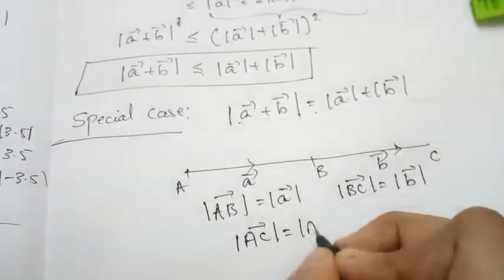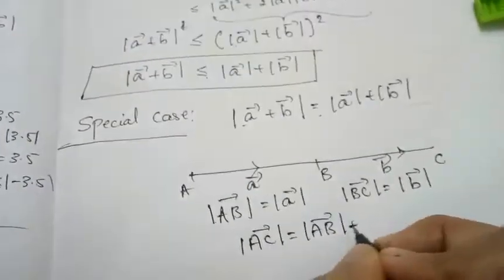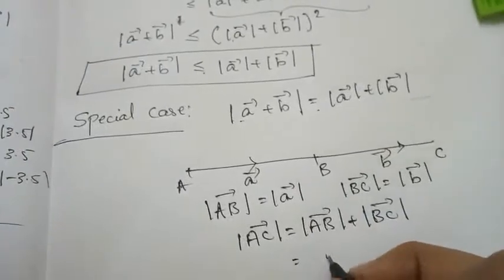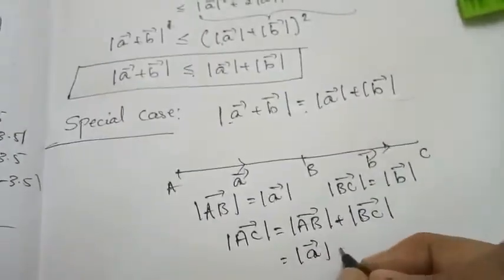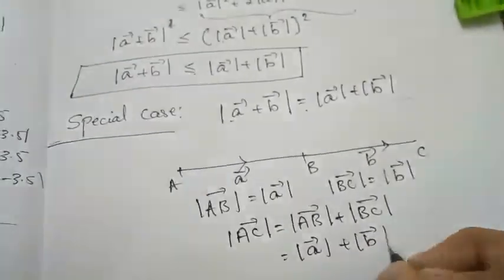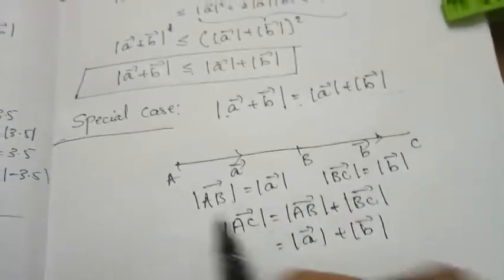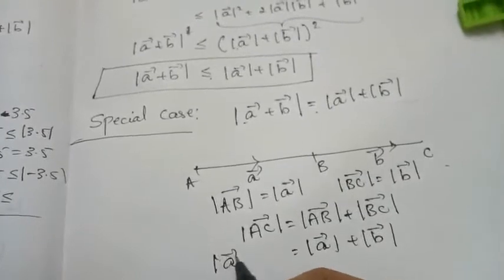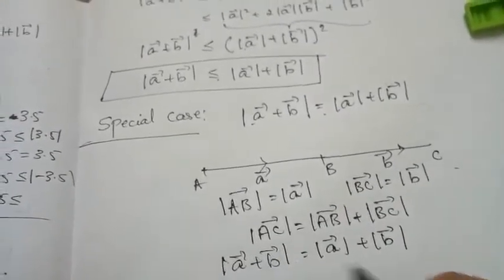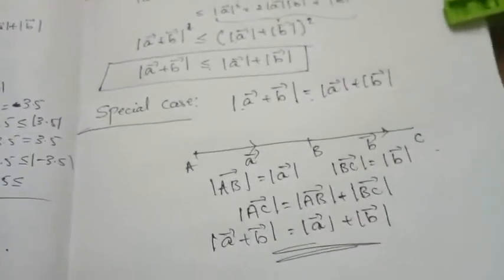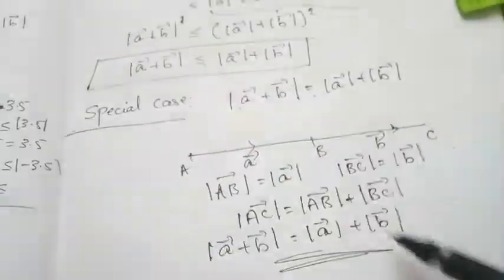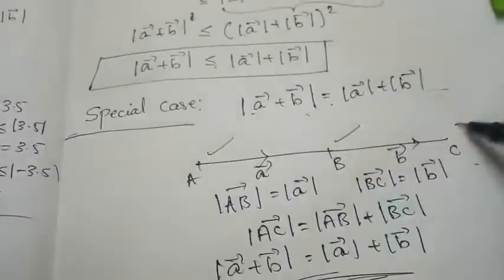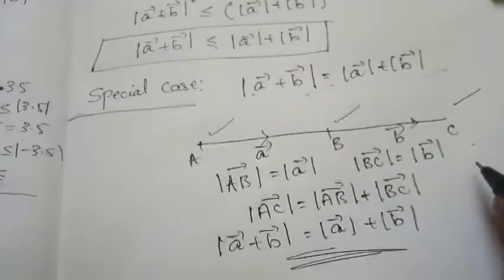It is nothing but magnitude of vector AB plus magnitude of vector BC. What is our magnitude of vector AB? It is magnitude of vector A plus magnitude of vector B. So clearly our AC is nothing but magnitude of vector A plus vector B, equal to magnitude of vector A plus magnitude of vector B. So if it is satisfying this equality, then these 3 points A, B, C are collinear.